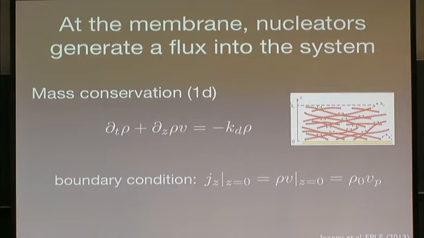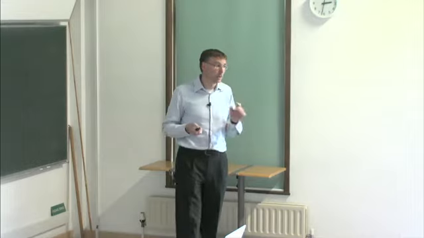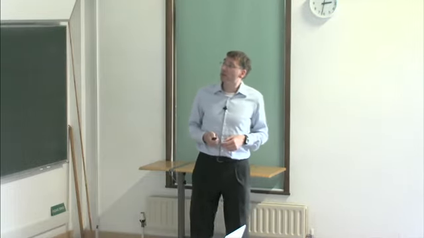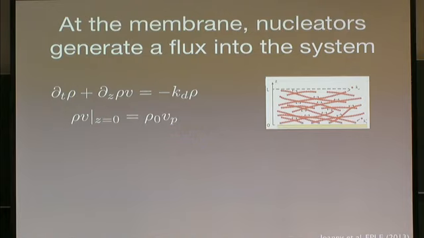And so we have here a boundary condition on the flux that is non-zero, but it's given by the density of nucleators times the polymerization or nucleation velocity. So this is something that you will not encounter in the usual hydrodynamics problem, because there, when you have a boundary which is impenetrable, you would have a zero flux. Here instead you introduce new material at the boundaries. Okay, so these are the two equations that we got from mass conservation.